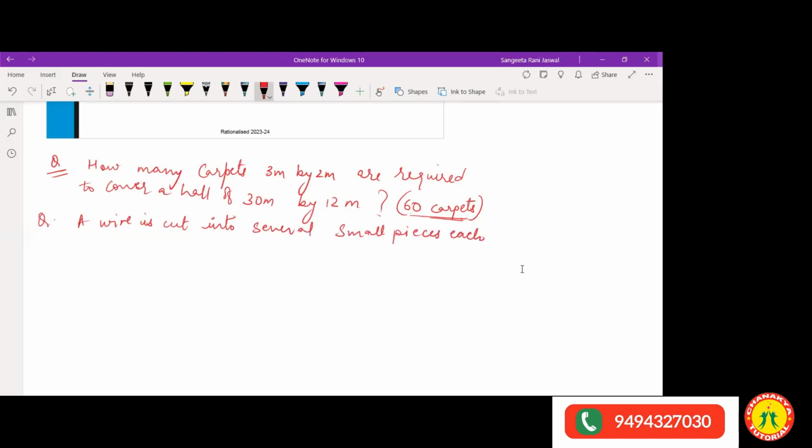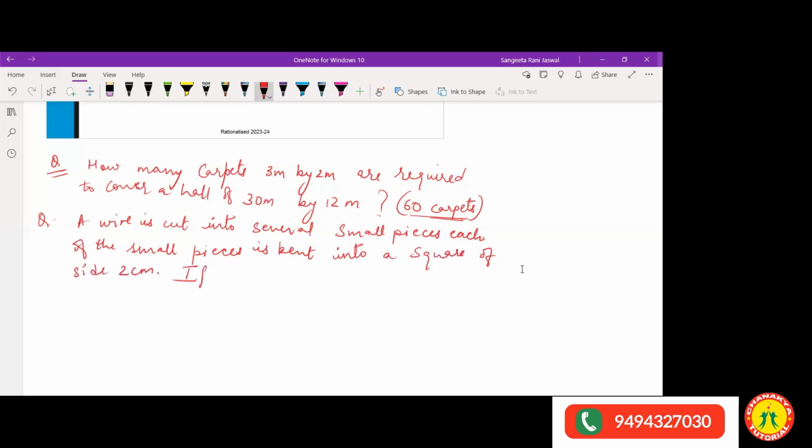Each of the small pieces is bent into a square of side 2 centimeters.